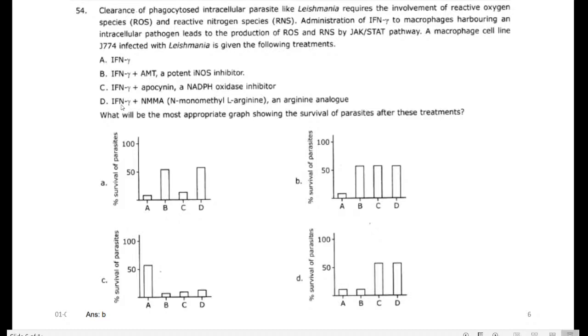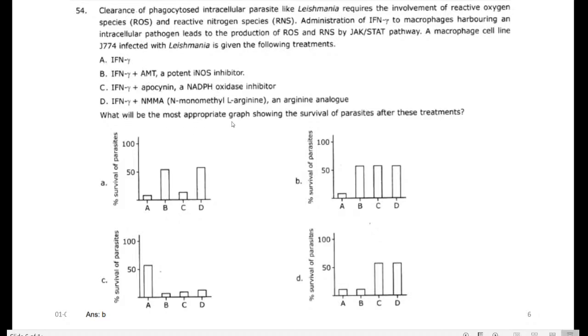The next is interferon gamma plus NMMA, that is N-monomethyl L-arginine, an arginine analog. These are four kinds of treatments. After the infection, they are treating with these four ways.